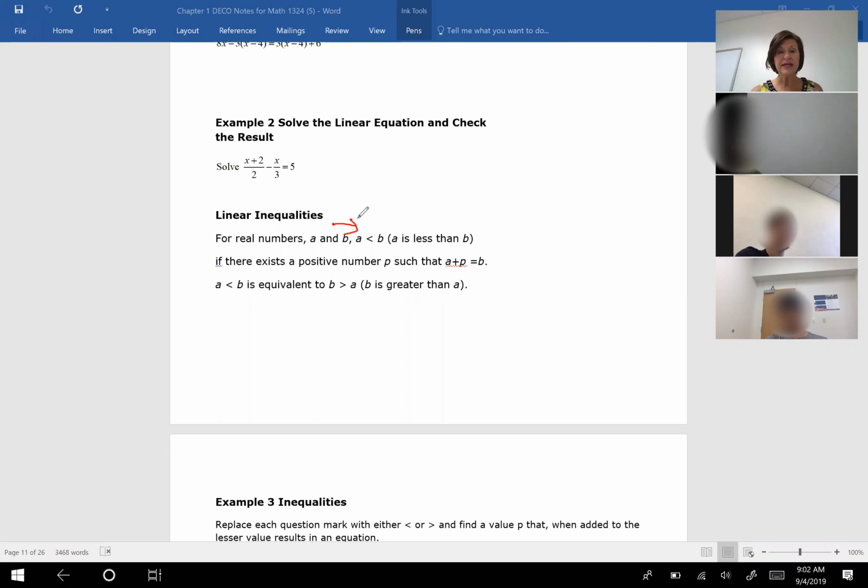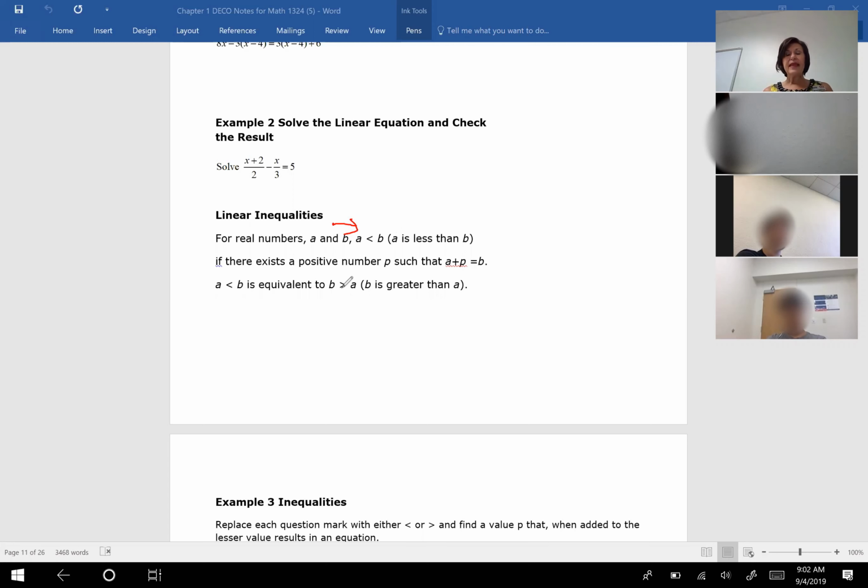So when you're reading this from left to right and you see the point first, that's not his open mouth. That means this side is less than what's on the other side. So when you see the point first going left to right, that's a less than sign. If you see the open mouth first, that means it's a what? Greater than sign, because his mouth is always going to be open to what's greater.